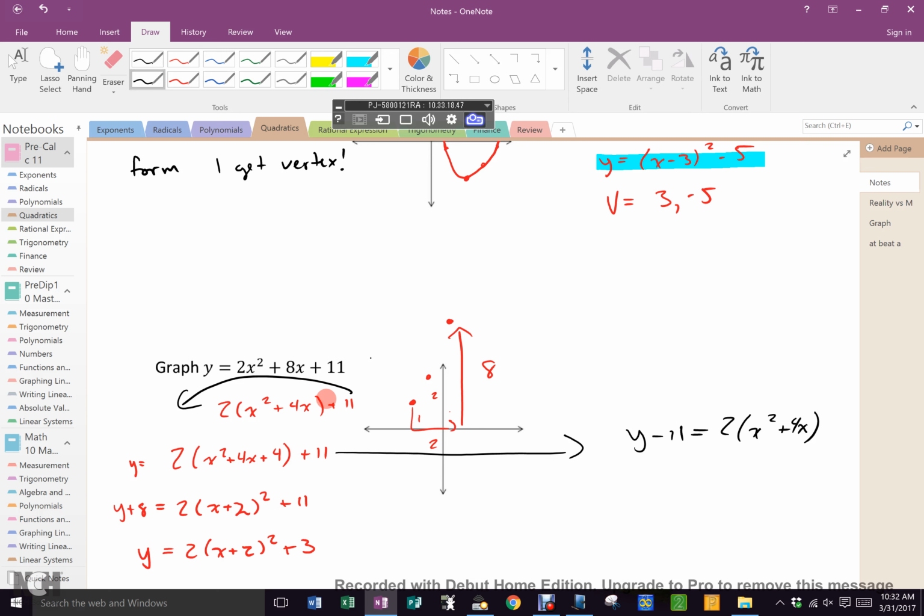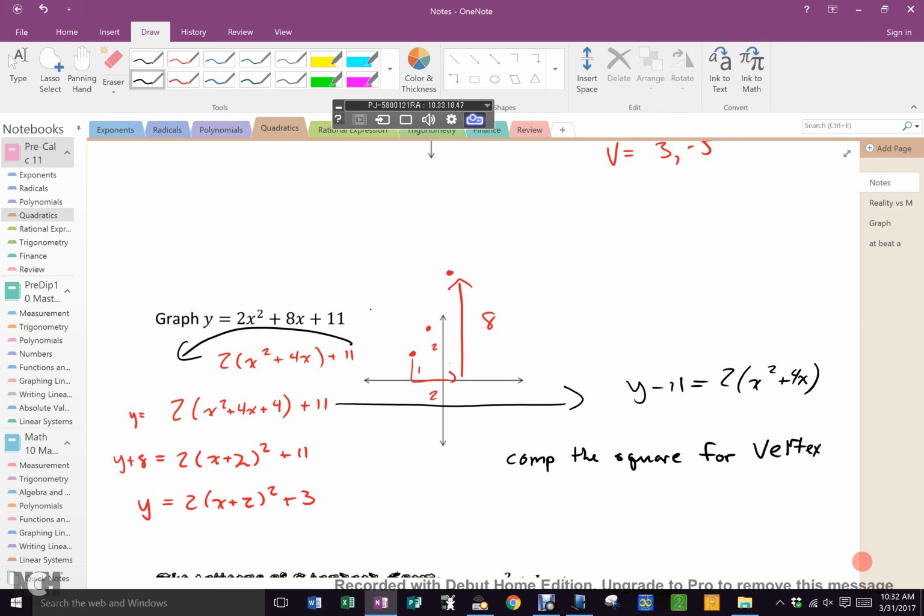Now, I want you guys to remember something. You can complete the square for your vertex form. But I want to show you, remember, we also found out that our vertex x equaled something else, yes?